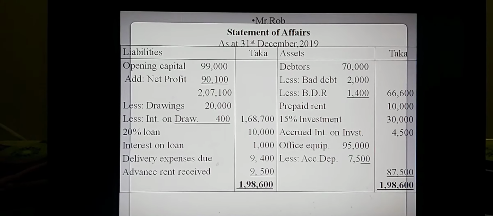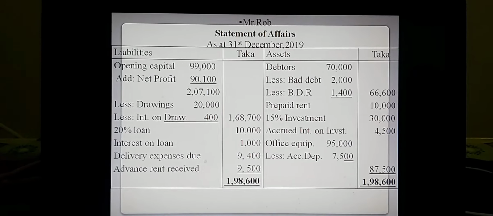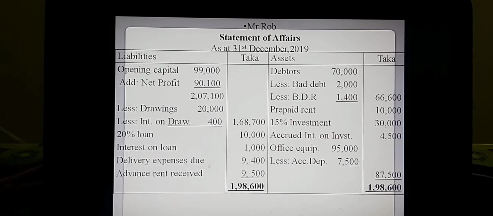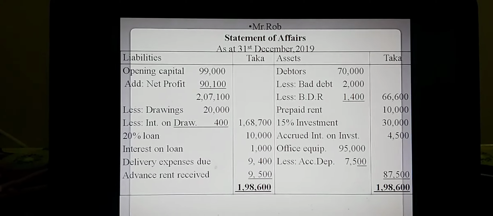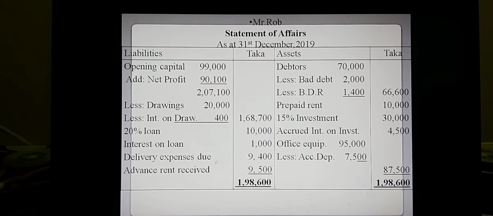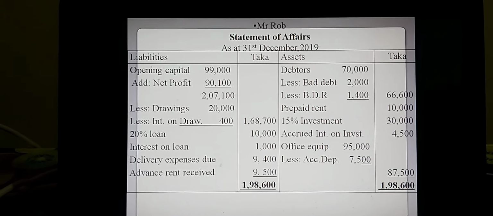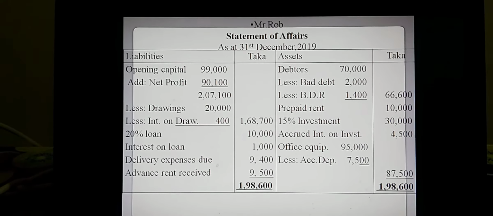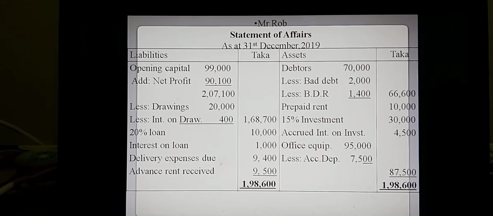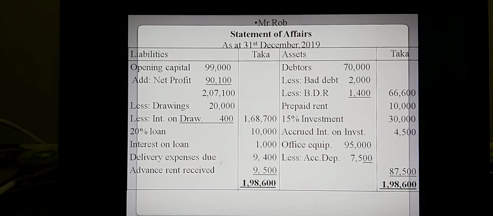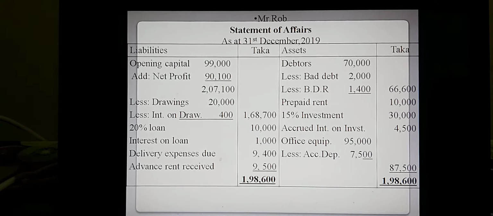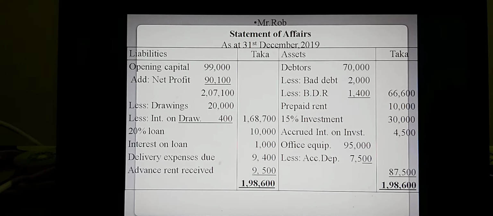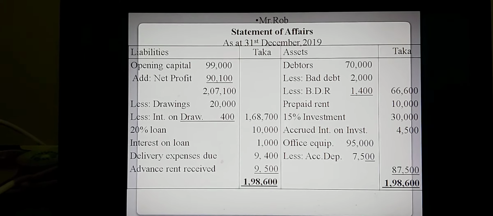On the left side, this is the amount of liabilities, so you can start the liabilities and capital side. Opening capital from requirement A, we can get it, 99,000. Add net profit; no additional capital or interest on capital is available here. So opening capital 99,000, add net profit 90,100. Total of capital at this moment 2,07,100.